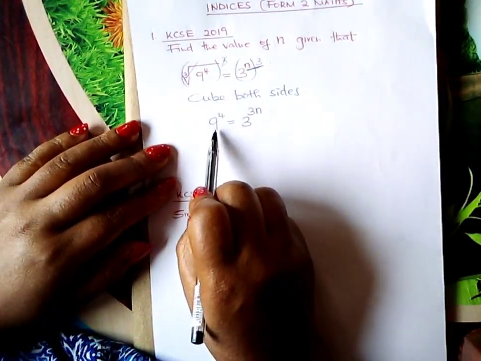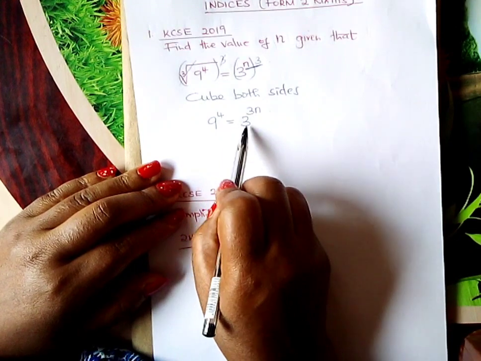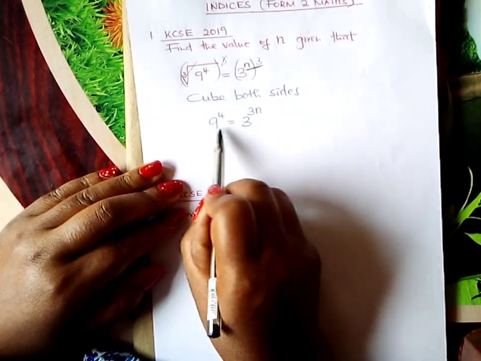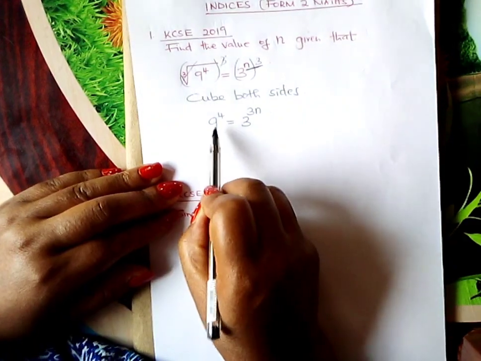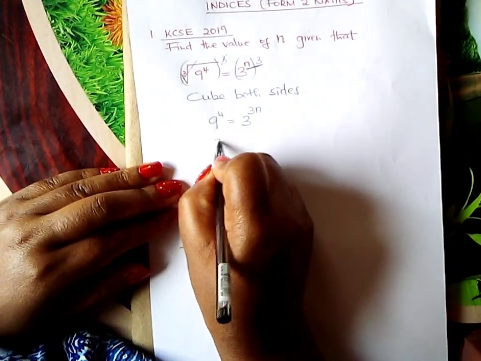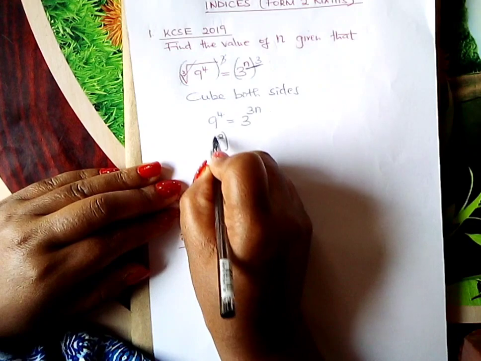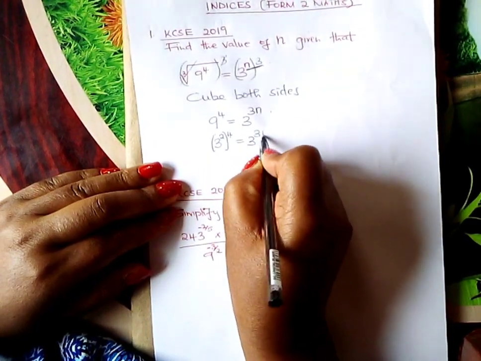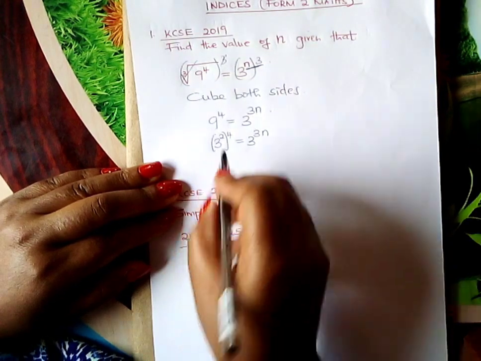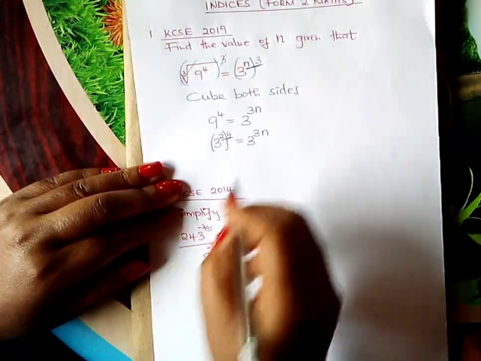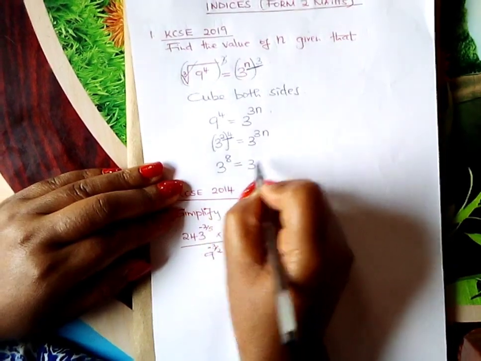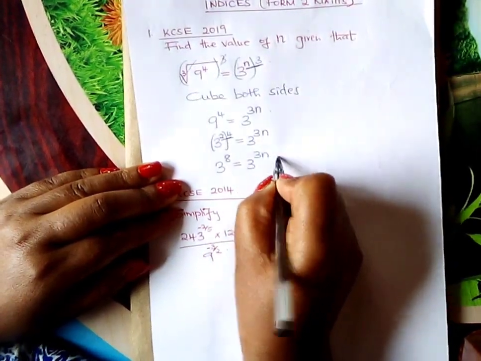From there, you now have 9 raised to 4 is equal to 3 raised to 3n. Express these two sides using a common base, and the common base is 3. So 9 is the same as 3 squared, raised to 4, is equal to 3 raised to 3n. Again you multiply the powers, and you get 3 raised to 8 is equal to 3 raised to 3n.